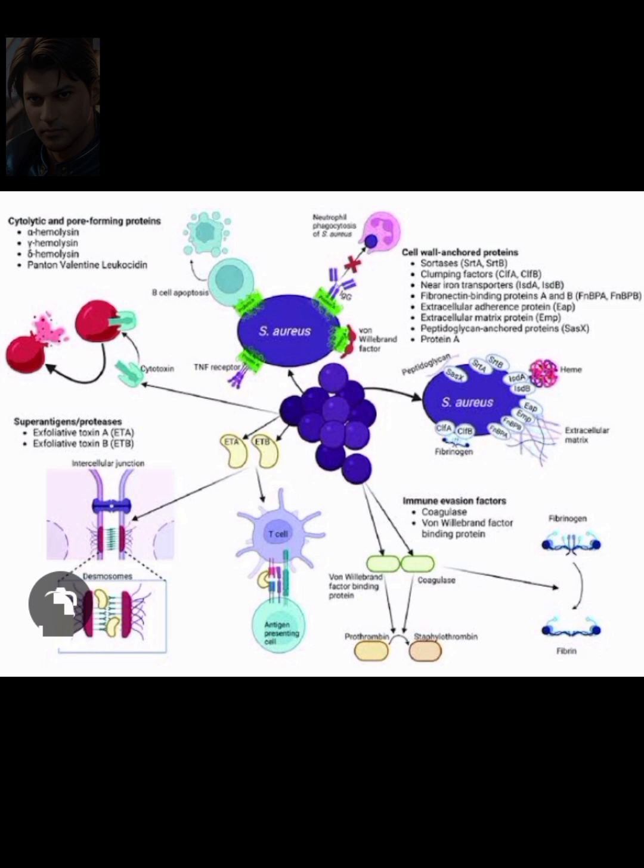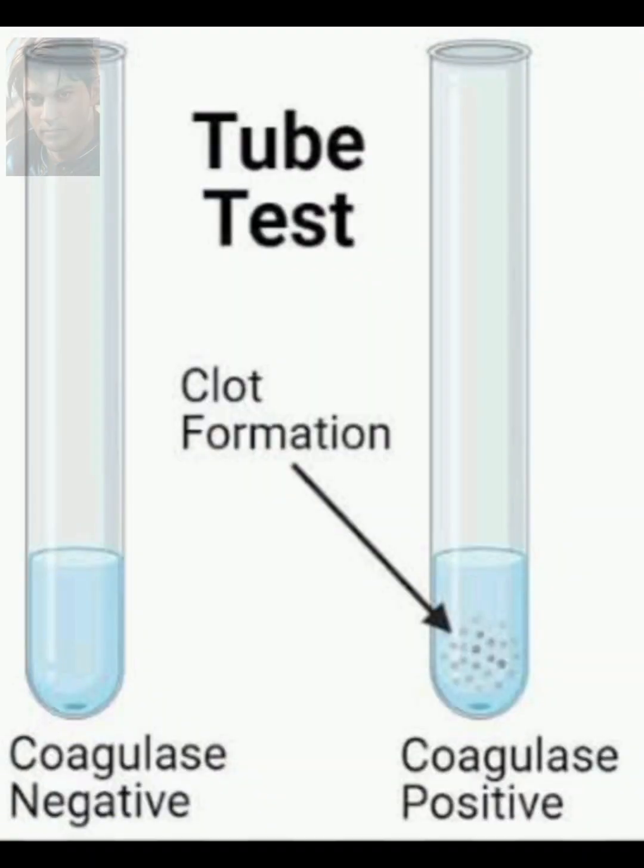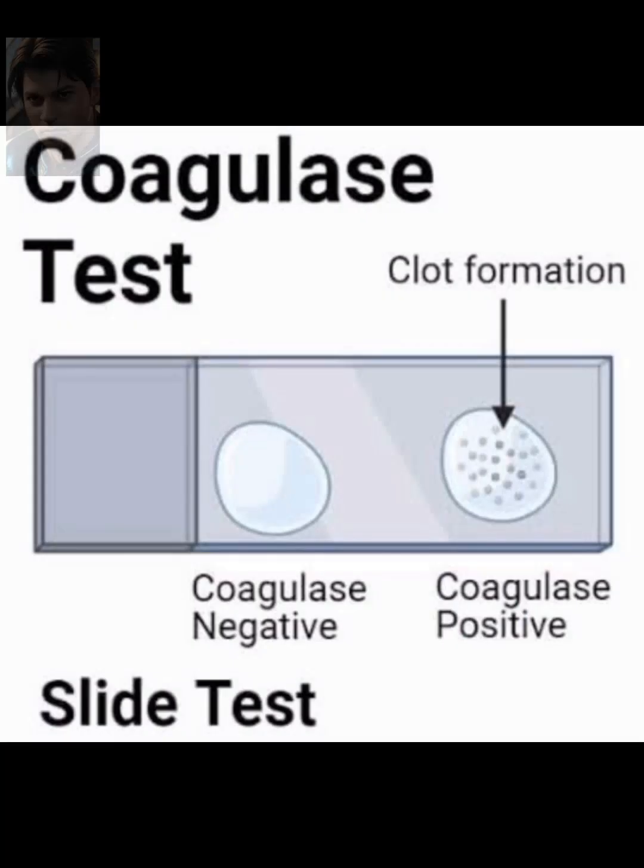Different types of enzymes are produced by this organism. Number 1 is catalase, which converts H2O2 into water and oxygen bubbles. This differentiates Staphylococcus from Streptococci. Coagulase, which converts fibrinogen into fibrin. It clots citrated or oxalated plasma and deposits fibrin onto the surface of the staphylococci.